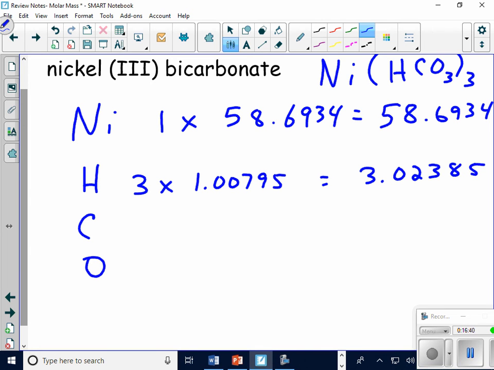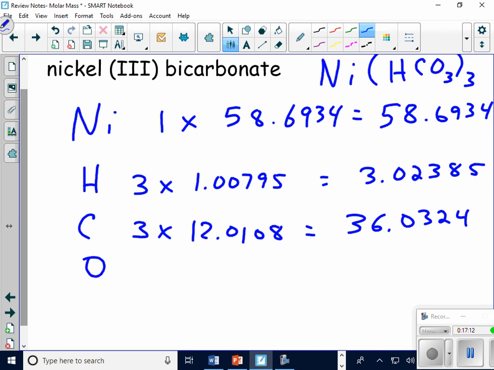Carbon is 1 times 3, 3 carbons. Each carbon is 12.0108. And I believe the little table is going to be a little different. Is it 12.011 on the little table? So I'm going to get 36.0324.